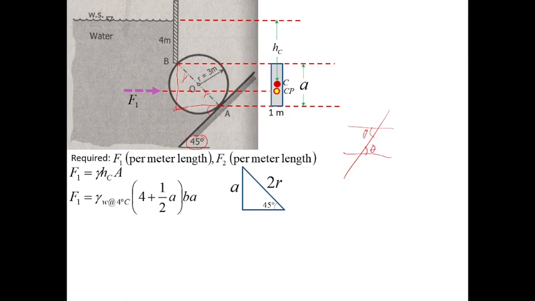Dahil parallel naman yung dalawa na to, magiging equal sila in measure. Lesson yan sa geometry in high school. So, this will be 45 degrees now.